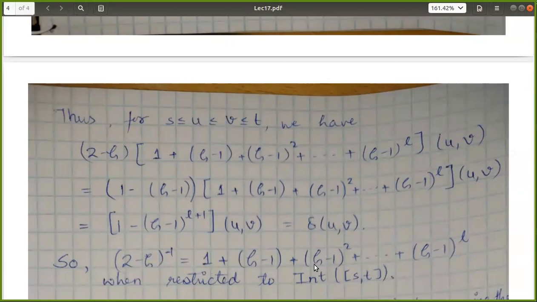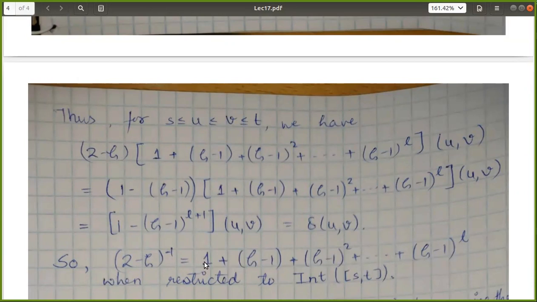Now, remember what was zeta minus 1? What was the interpretation of this function? Number of strict one chains. This was the number of two chains, and so on till chains of length L, chains of length 2, chains of length 1, chains of length 0.